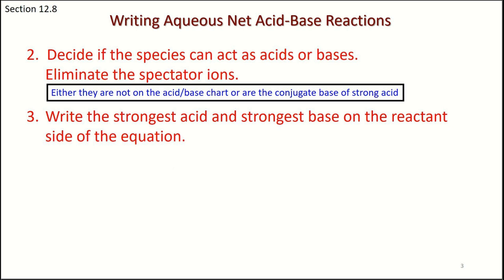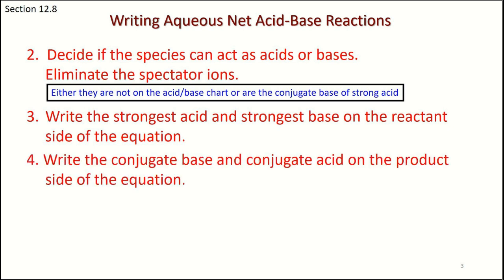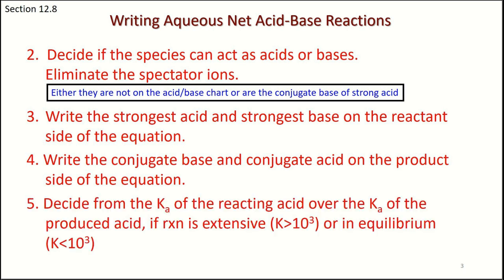Next, we will write the strongest acid and the strongest base on the reactant side of the equation. We will then write the conjugate base and the conjugate acid on the product side. And from these, we will decide from the Ka of the reacting acid divided by the Ka of the produced acid, or the conjugate acid, to see if the reaction is extensive with a value of K of reaction greater than 10 to the third, or an equilibrium, meaning K of reaction is less than 10 to the third.